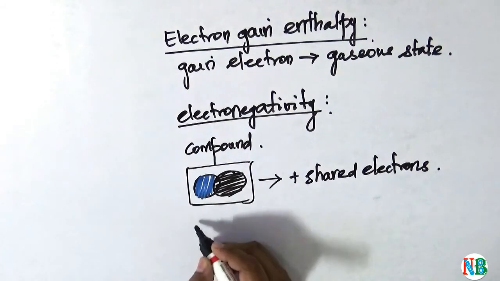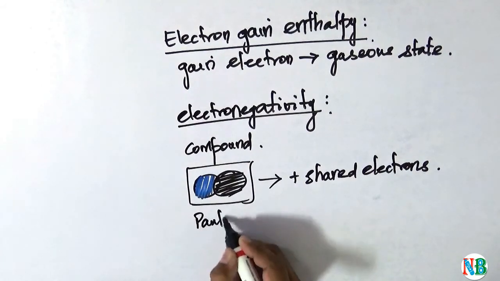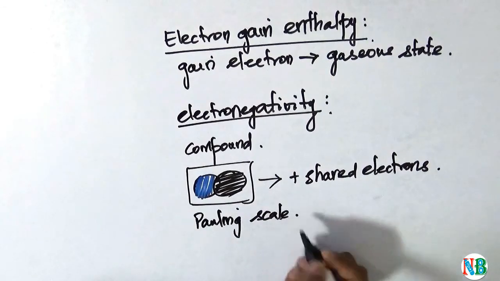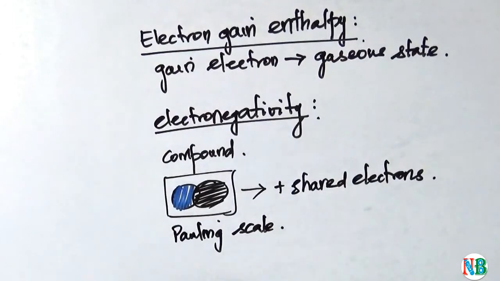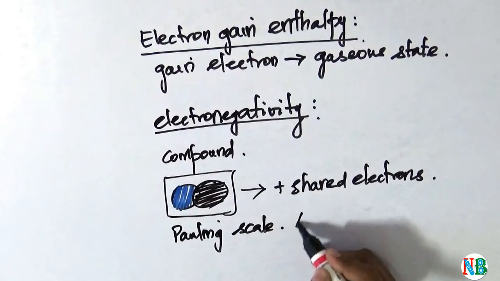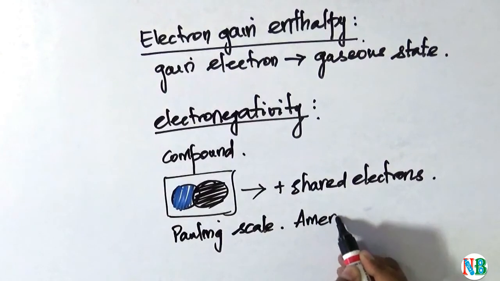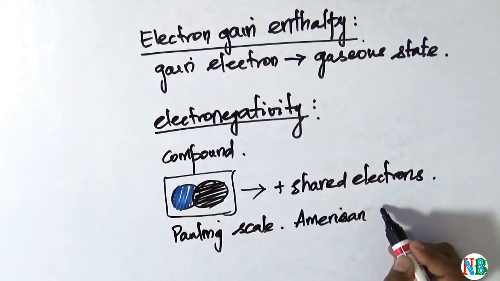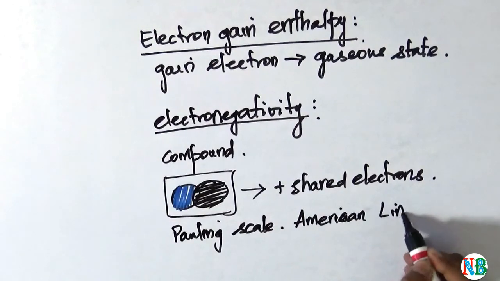Some of them are the Pauling scale. One of them is this Pauling scale, which was invented by an American scientist named Linus Pauling.